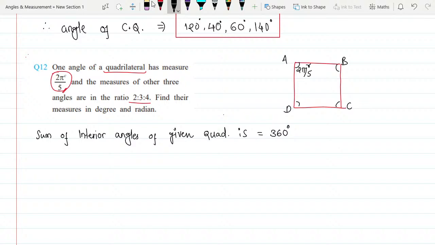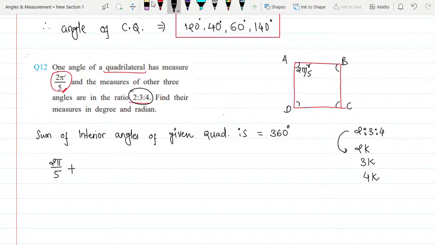So the sum of the interior angles is 2 pi by 5 plus the sum of these three angles. Since they are given in proportion 2:3:4, let's take the proportionality constant as k. So those three angles become 2k, 3k and 4k.